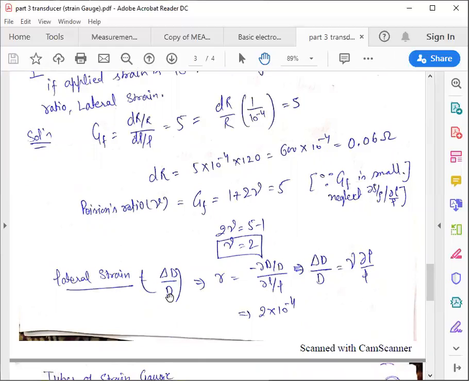Lateral strain is delta D by D. We know Poisson's ratio V is equal to minus delta D by D upon delta L by L, and delta D by D is equal to Poisson's ratio multiplied by delta L by L, which is equal to 2 into 10 raised to power minus 4. So I hope this numerical is clear to you.